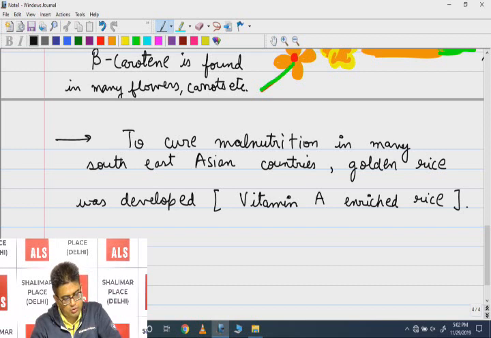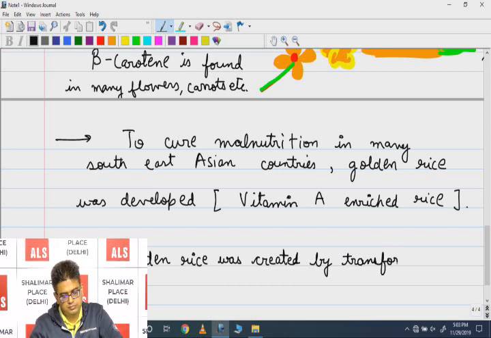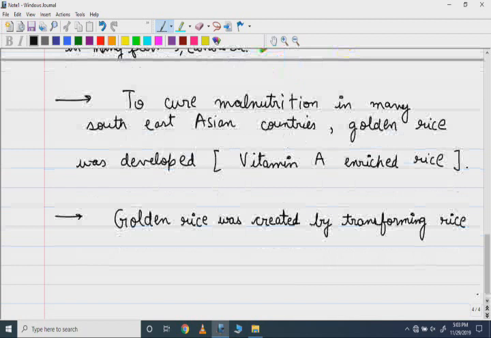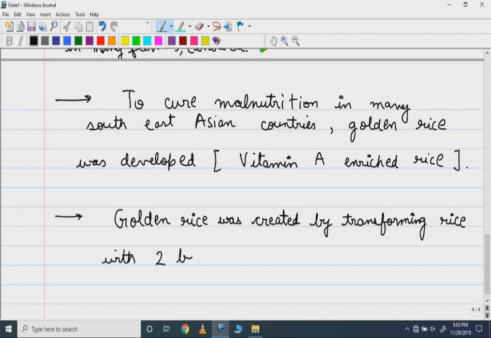Golden rice was created by transforming rice, Oryza sativa, with 2 beta carotene biosynthesis genes from daffodil.